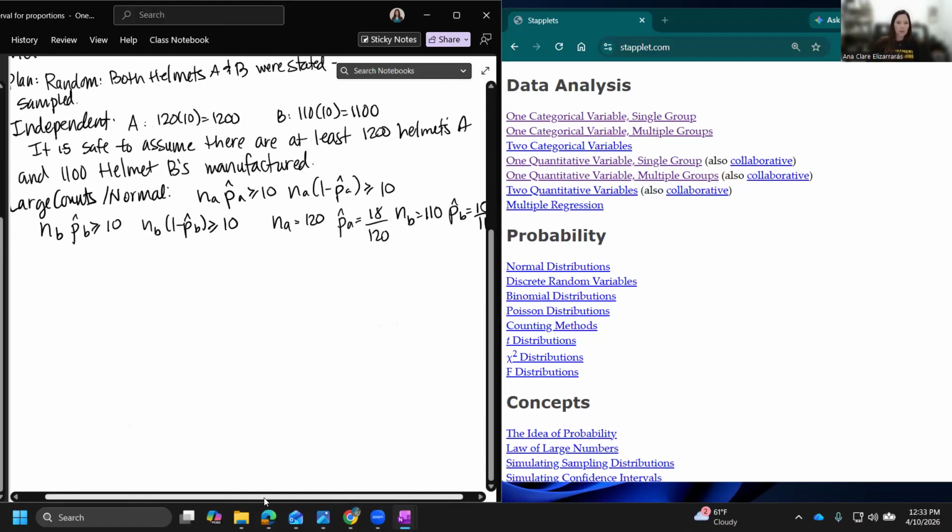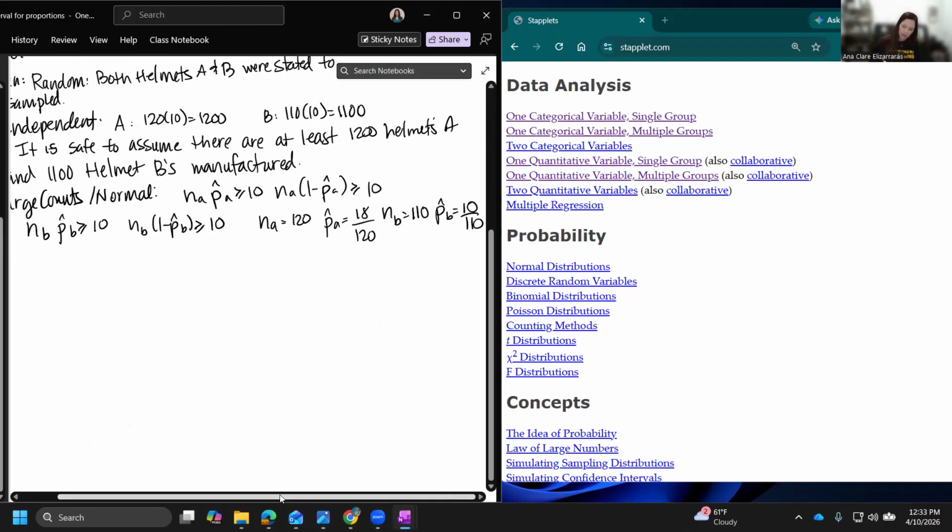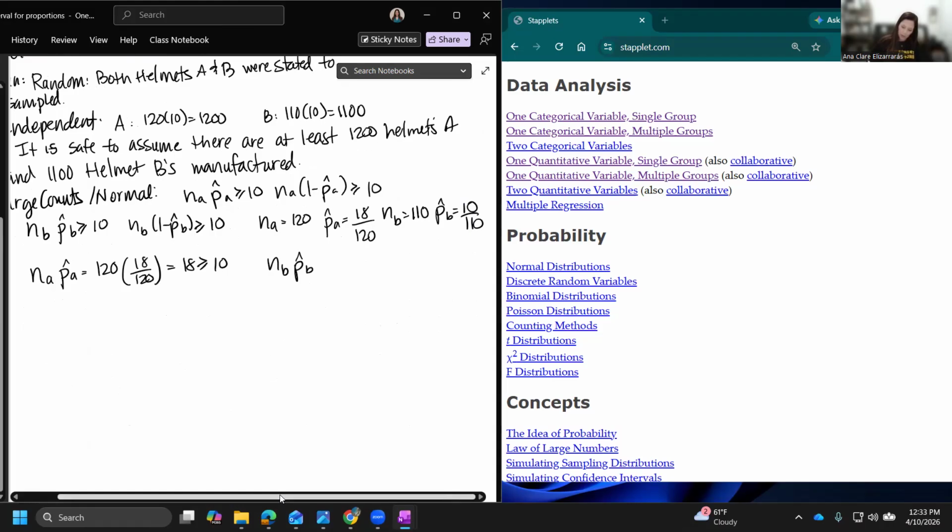So now what we need to do is calculate successes and failures. So NA times P hat A is 120 times that 18 out of 120, which is 18. NB times P hat B is equal to 110 times 10 over 110, or 10, which is at least 10. That's true. 10 is at least 10 because 10 is equal to 10. So there were 18 that failed for helmet A, 10 that failed for helmet B. How many did not fail?